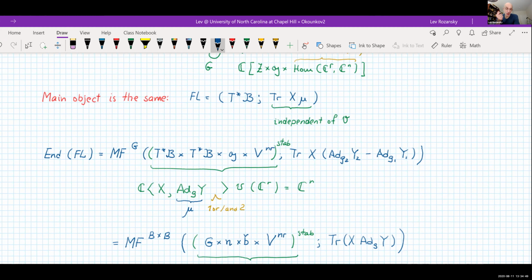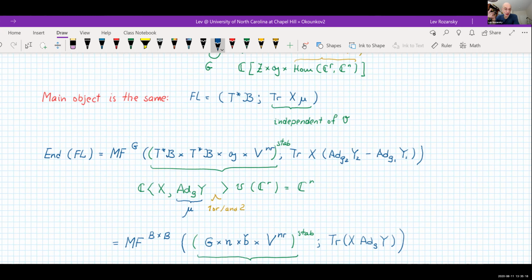Recall our discussion. We have to say that V, the vector acting on the vectors from CR, together with X, which is a matrix from Lie algebra, and the moment map as it comes from both auxiliary varieties should generate the whole CN.